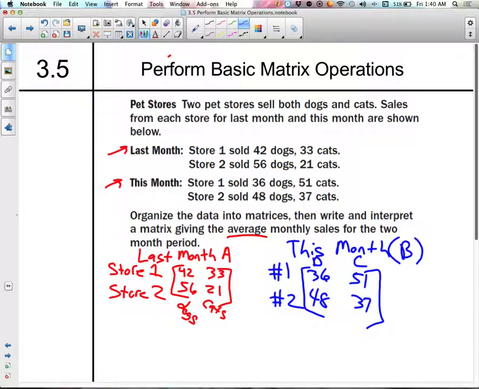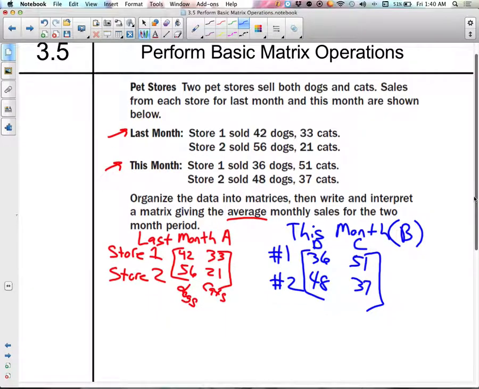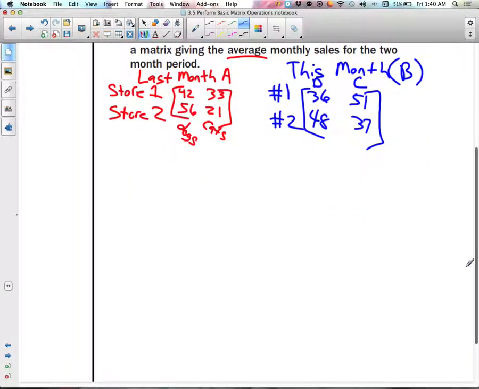So we've set up a matrix to represent each month, and now we want to find the average for the monthly sales for this 2-month period. So to find the average, I need to figure out matrix A plus matrix B, and then take half of that, or divide it by 2. All right.